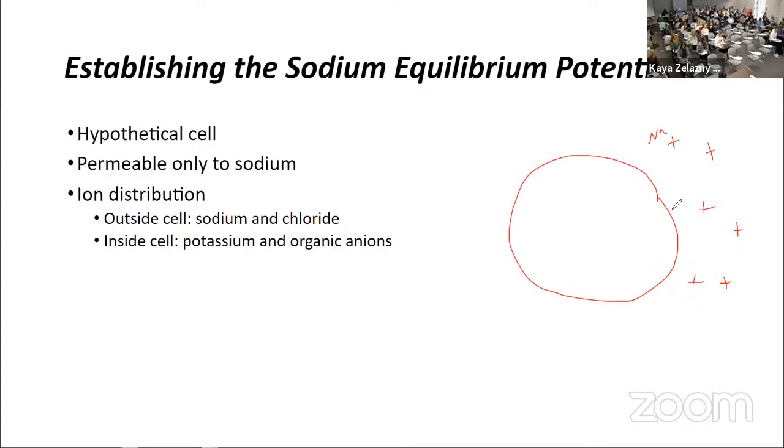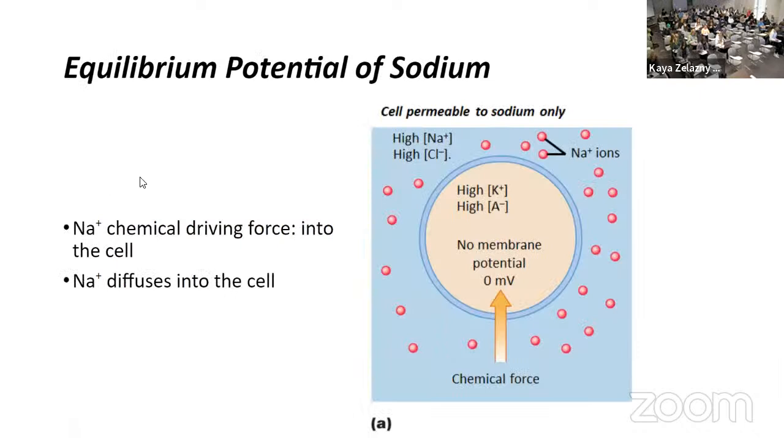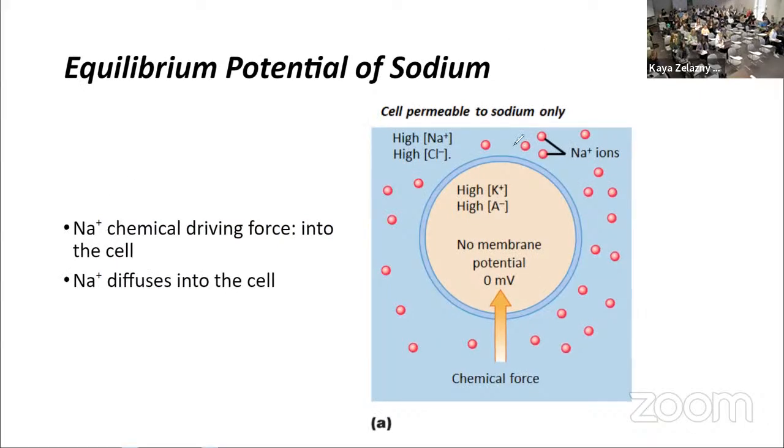Our concentration gradient here, our chemical driving force, is for sodium to go into the cell. Chemical driving force, just in that high-low direction for that gradient. That's where we start out. So our driving force beginning is just the same thing I just drew, but prettier.